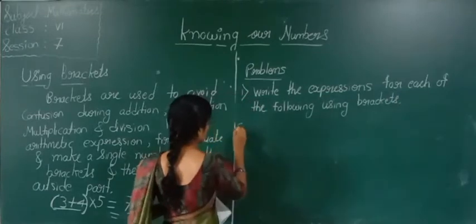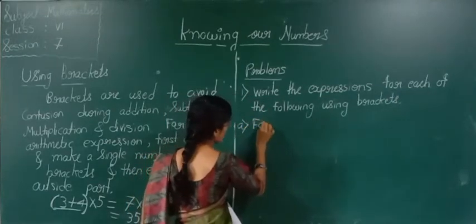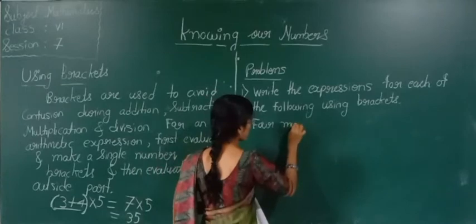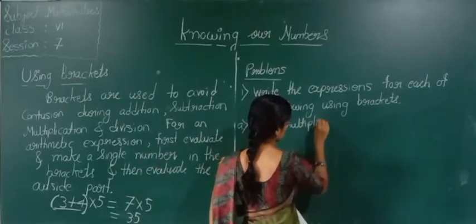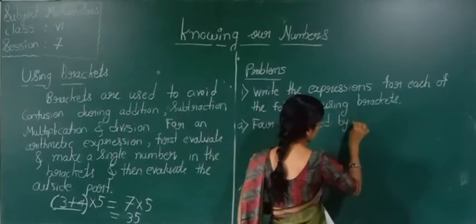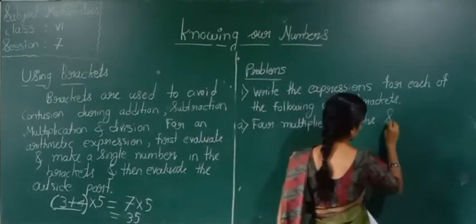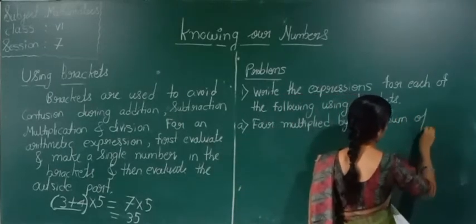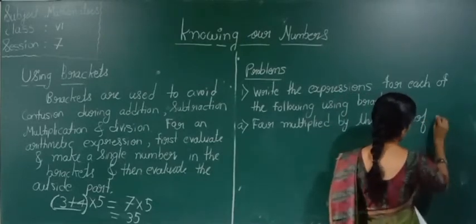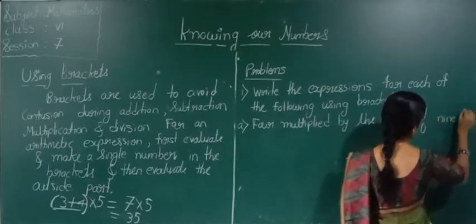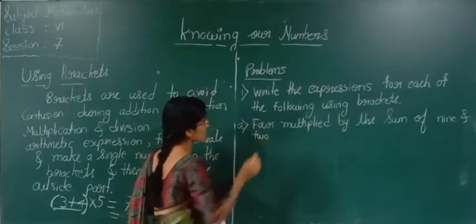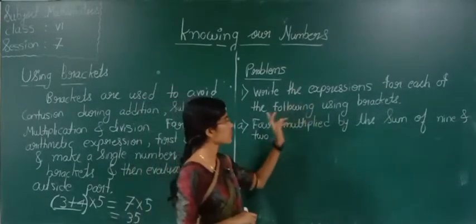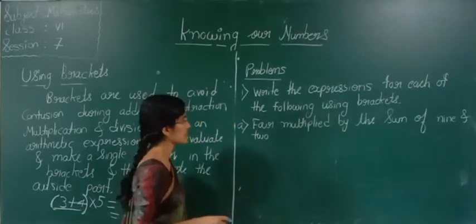The first question: 4 multiplied by the sum of 9 and 2. Now, write the expression for each of the following using brackets.